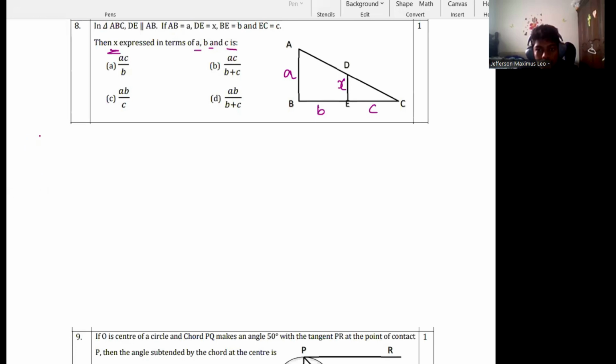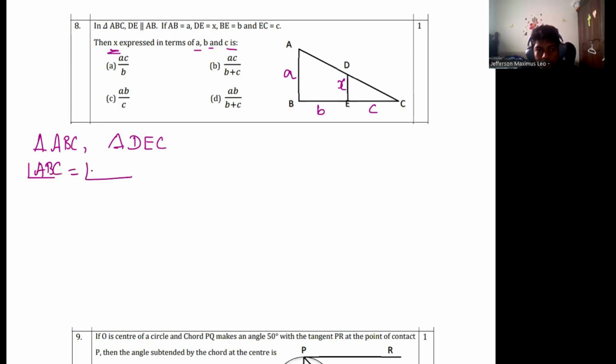Let's say in triangle ABC and triangle DEC, angle ABC is equal to angle DEC, and angle C is common. Here ACB and DCE, both are the common angle.